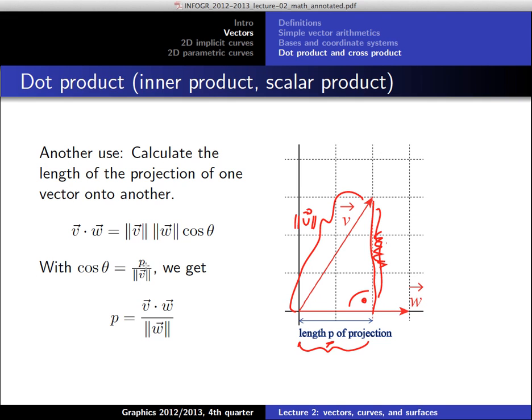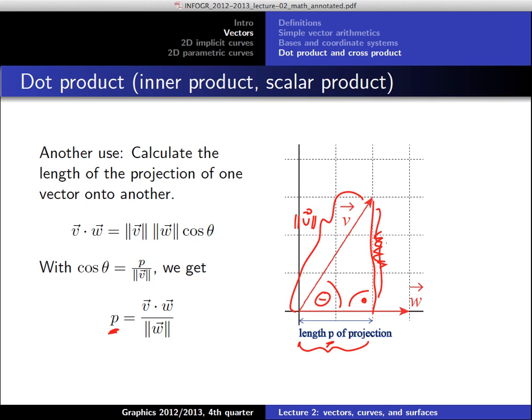The cosine is this length p divided by the length of this vector. So if we put the cosine in here, we can actually calculate the length p without even calculating the angle theta, which I forgot to write down here.